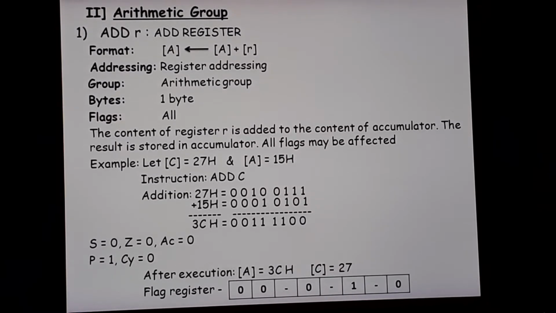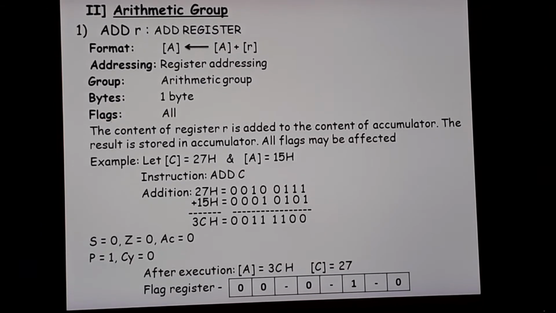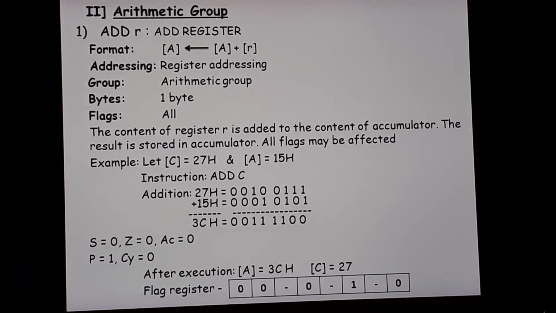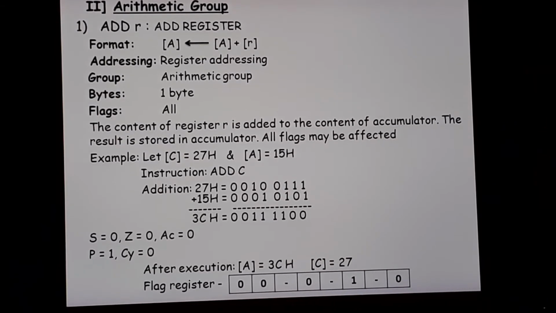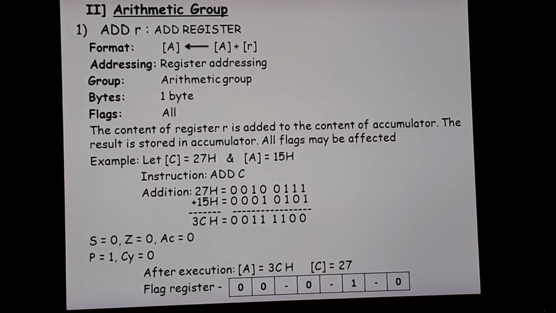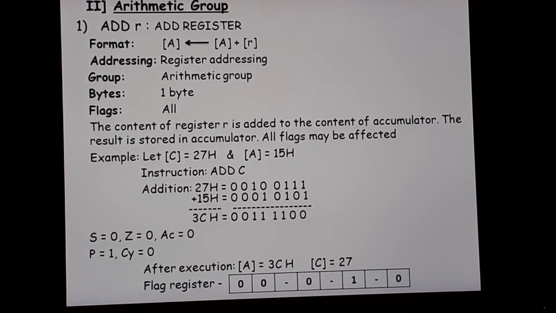Okay. So now see, here I have taken ADD C, where before execution let C be equal to 27H and A be equal to 15H. Now you need to add these two numbers in binary. So you have to consider 27H, that is a hexadecimal number, in binary.